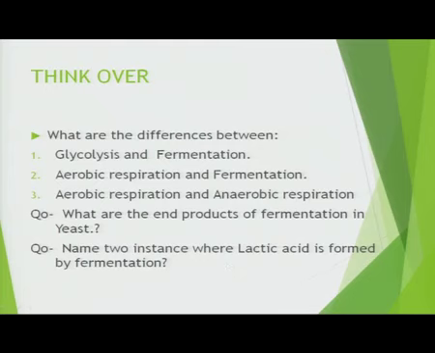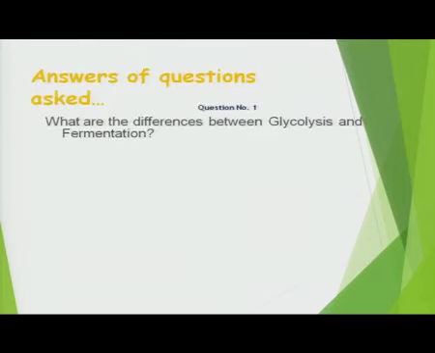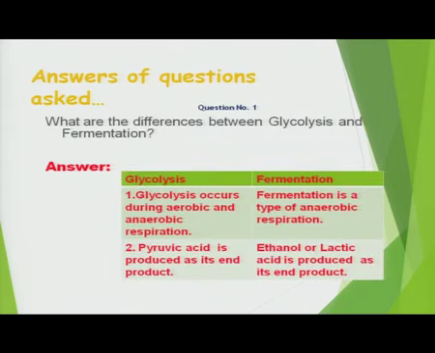We have already discussed fermentation. In another way it is called anaerobic respiration. My first question is, what are the differences between glycolysis and fermentation? The answer is, glycolysis occurs during both aerobic and anaerobic respiration.